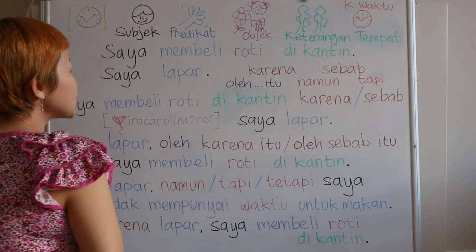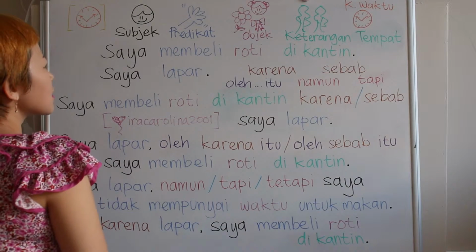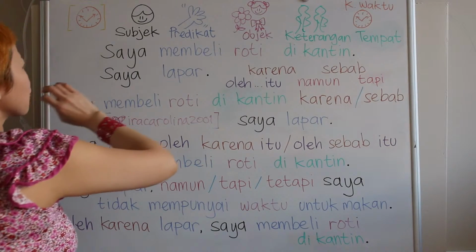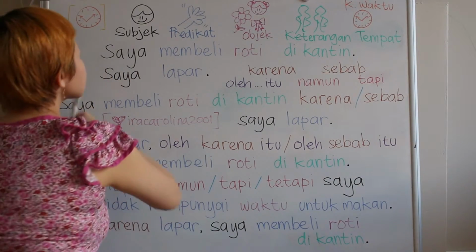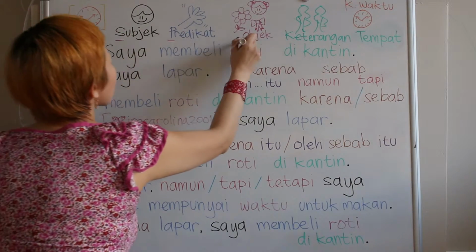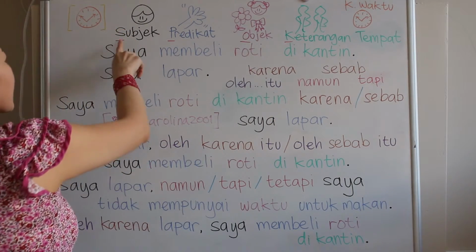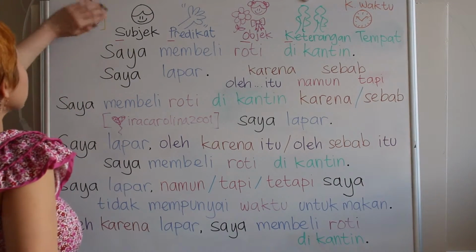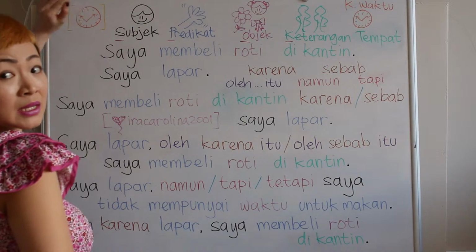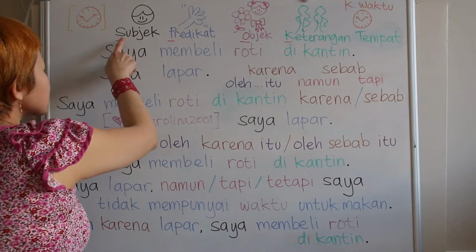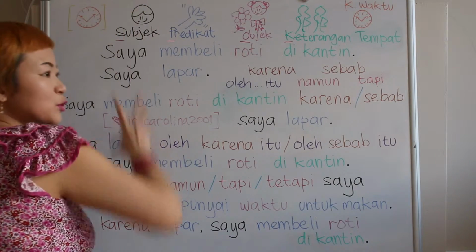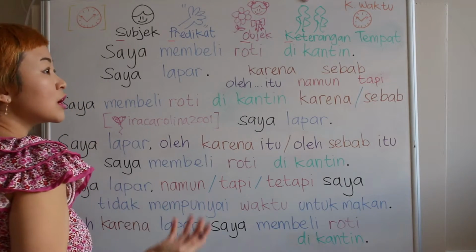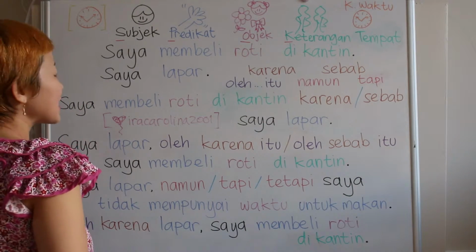In Indonesian language, Bahasa Indonesia, the sentence has this pattern or formula, which we can call SPOK. We will pretend that we don't see this one first. S is subject, which can be one person, more than one person, or an animal, or things, plants.